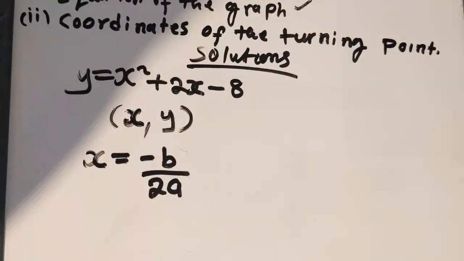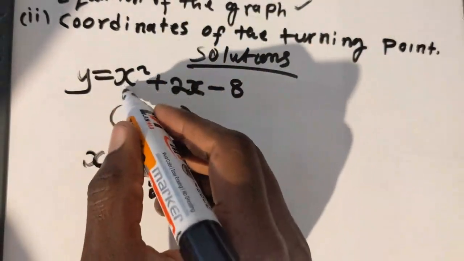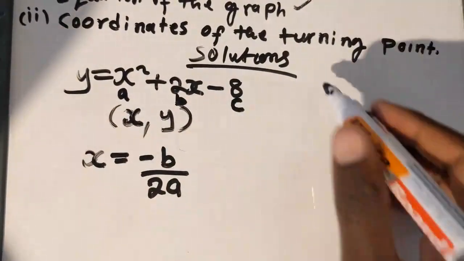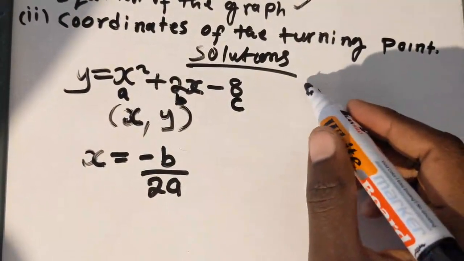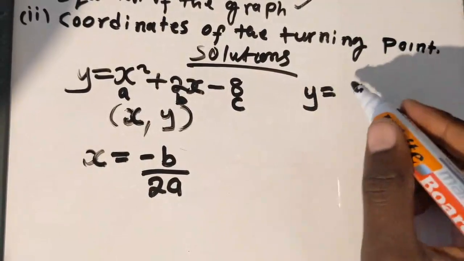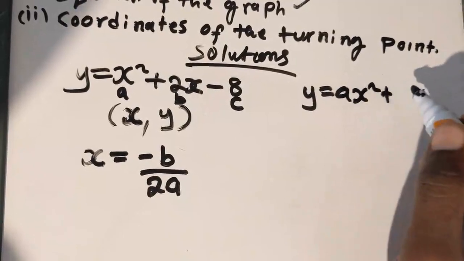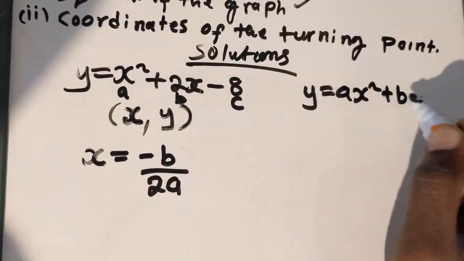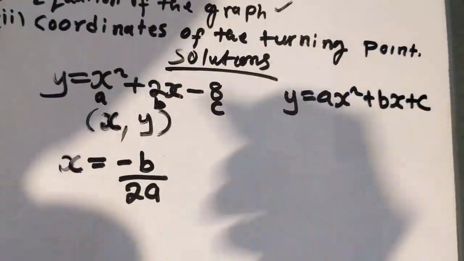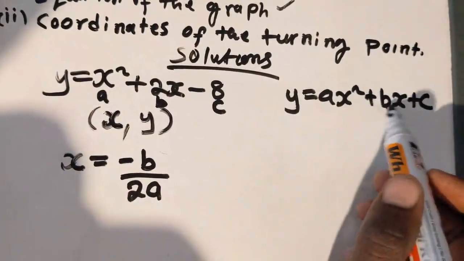Here, this is a, this is b, this is c. I said that the equation is ax squared plus bx plus c. So this is how the equation is supposed to look like. This is a, this is b, this is c.